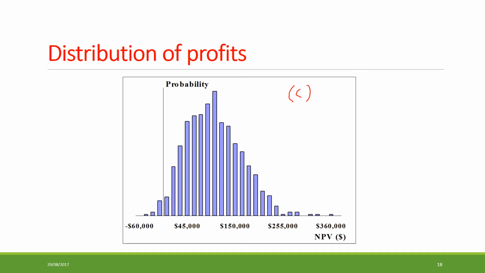We repeat the exercise many times so that we get a probability distribution like this, right? So this distribution, even though it's not perfectly normally distributed, it's still quite close to a normal distribution, right? So once we have the probability distribution, we can do all sorts of statistical tests to see, for example, how likely that our NPV will fall below 0, right?